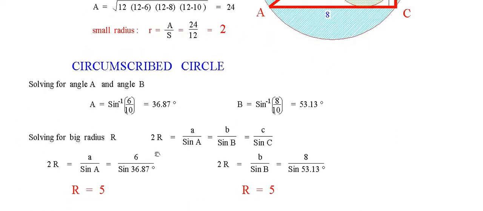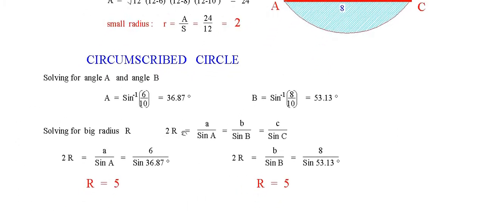Okay, solving for the big radius, this is 2r, or the diameter. It is equal to the sine law. Whichever you use, the ratio of side over the sine of the angle.